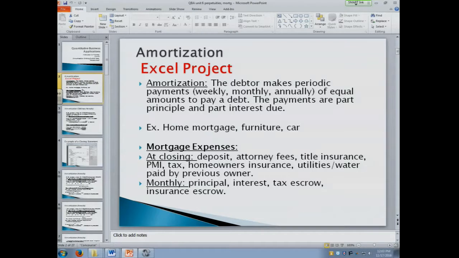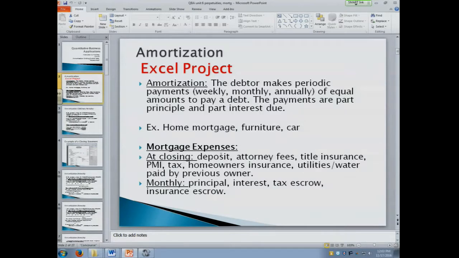On your Excel project, I give you details of the link to produce that amortization table. You might want to spend a little time looking at that after we go through this first set of videos. Examples: amortization schedules, home mortgage. You might, if you buy furniture and make payments, or a car payment.